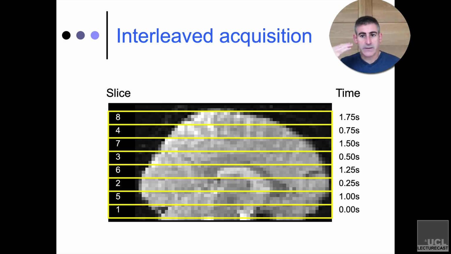So now, rather than one slice and the next slice in space also being the next slice in time, you're breaking up that relationship between space and time. This is in order to try to de-bias the sampling of the hemodynamic response function, and you can see that illustrated in this figure.